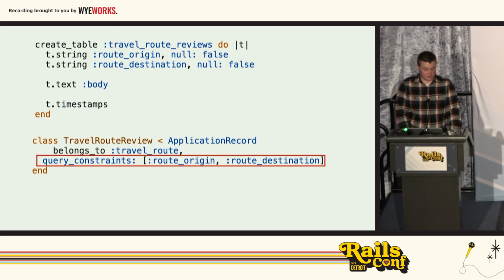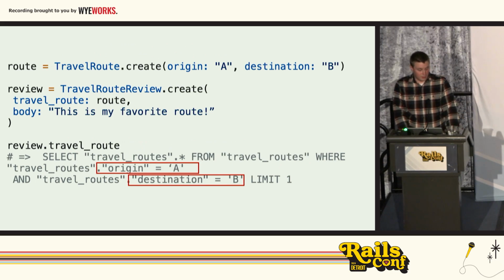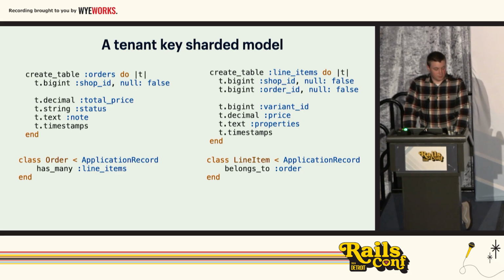So query constraints specify that a travel route review model's route origin and route destination will be the composite foreign key of the review that map to route origin and destination of the travel route model. And as we've seen previously, it makes Rails craft SQL queries that will address associated records by both its origin and destination.